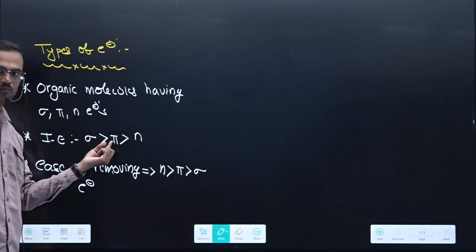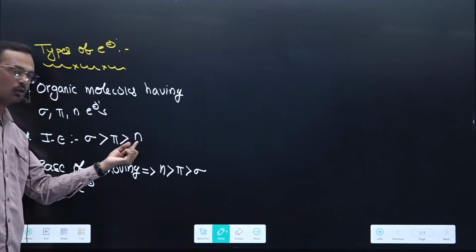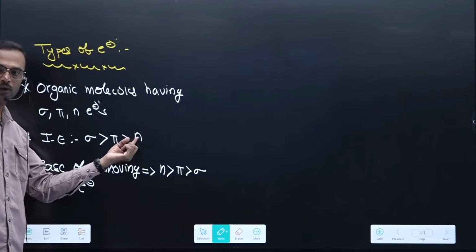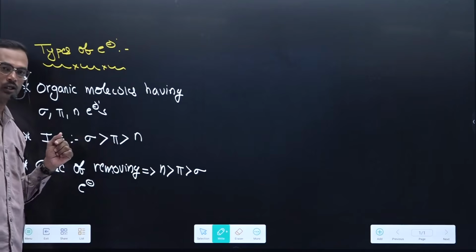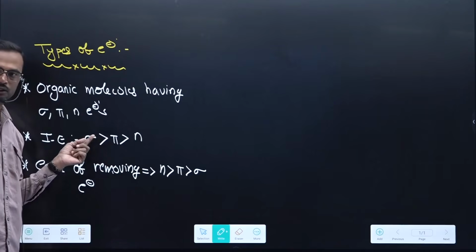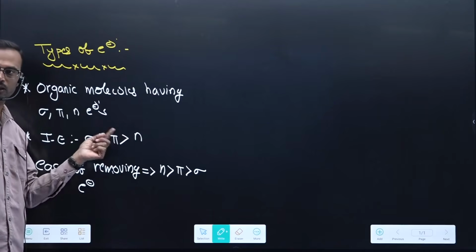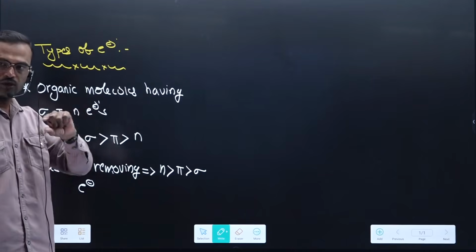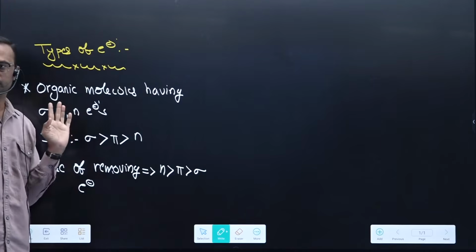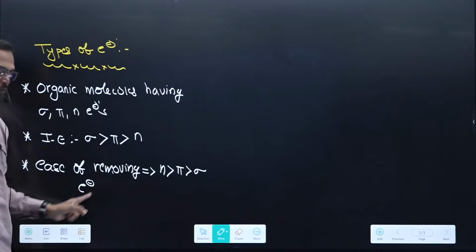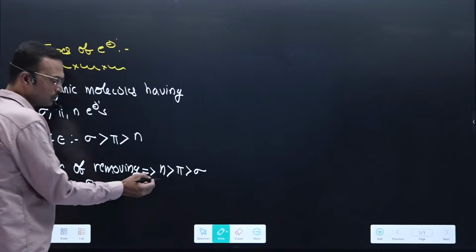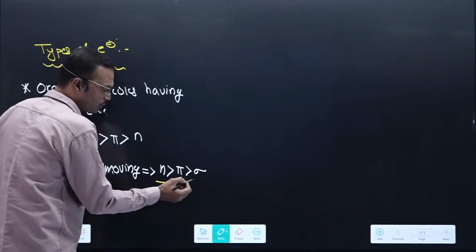Pi. Suppose sigma and non-bonding are there, non-bonding. If a molecule has sigma, pi, and non-bonding, from where do we need to remove the electron? Non-bonding. This is the ease of removing an electron. First priority goes to non-bonding, then pi electron, then sigma.